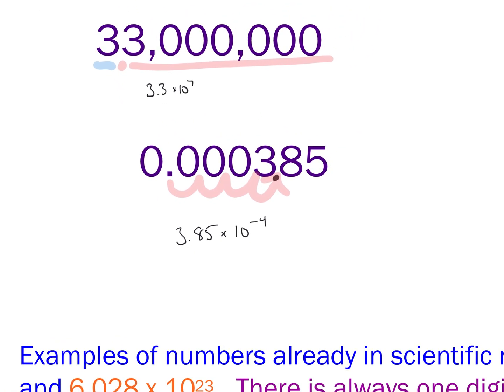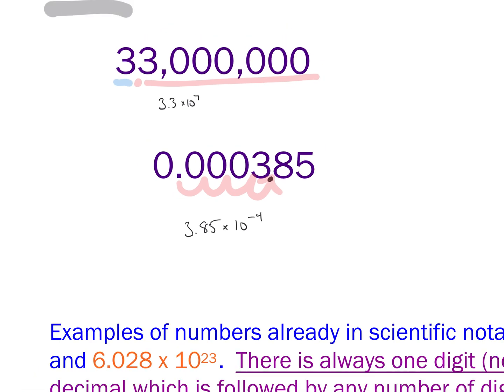And we can see with both the really big number and the really small number, either way, we're writing a lot fewer digits, and it's a lot quicker to write these numbers, and that's kind of the whole point of this. We want to spend less time writing these numbers.